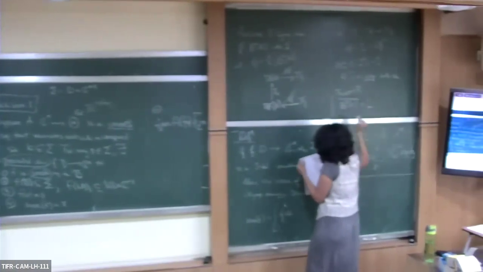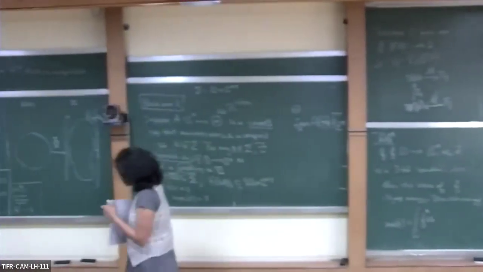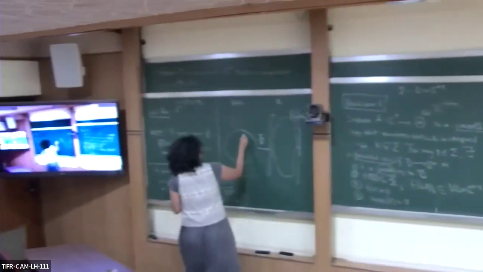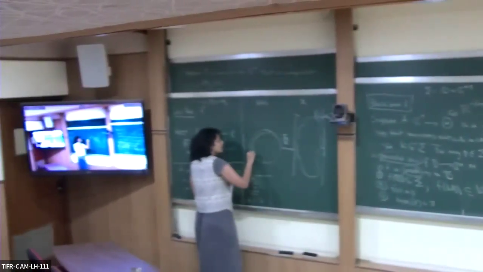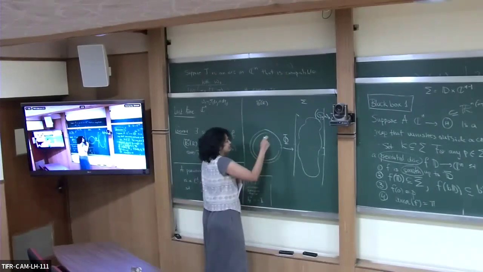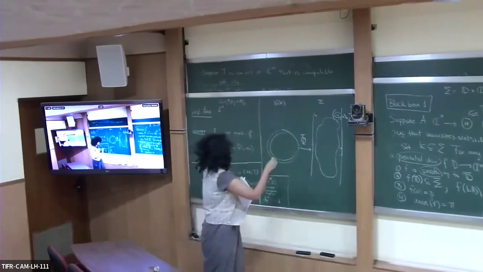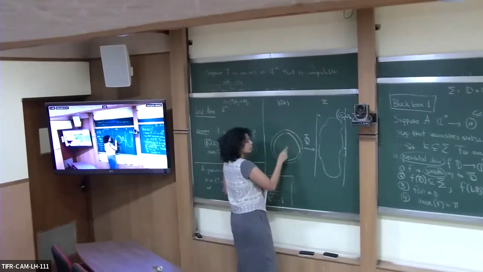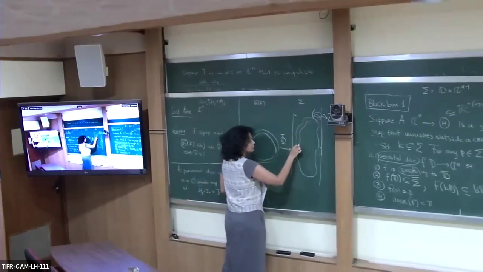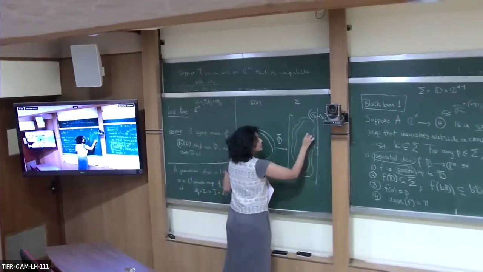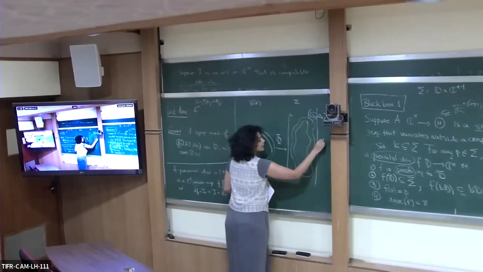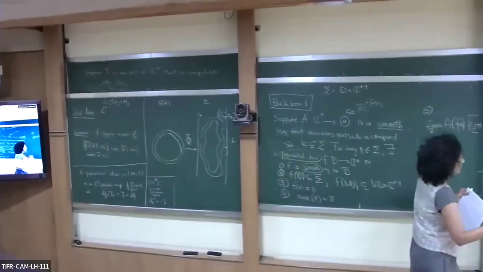Let's call it capital L. So I take a slightly smaller ball, take the closure of that, and then push it forward. Let's call the image of this L. It's going to be a compact set.